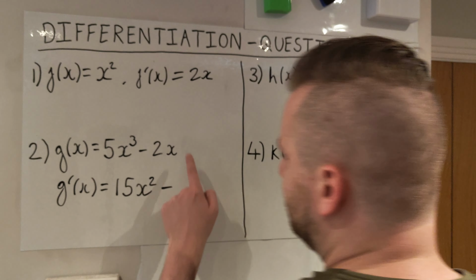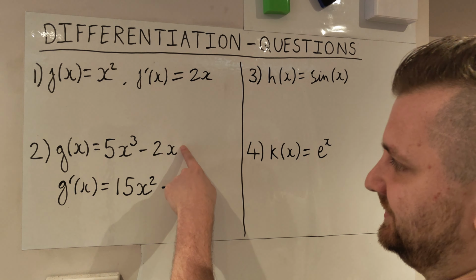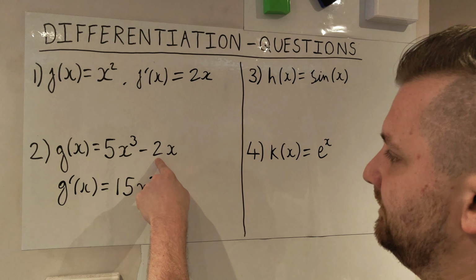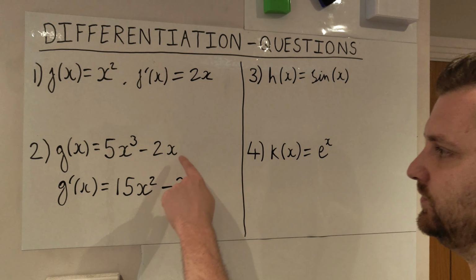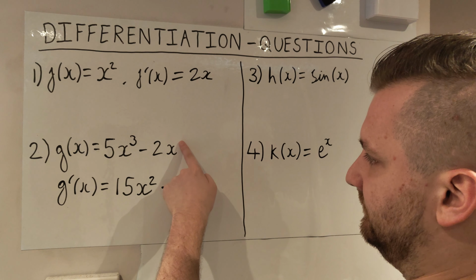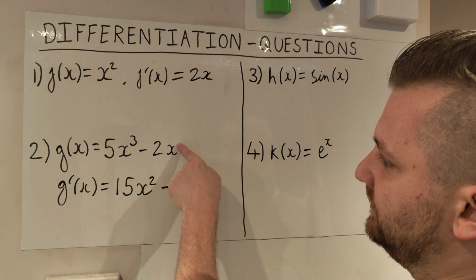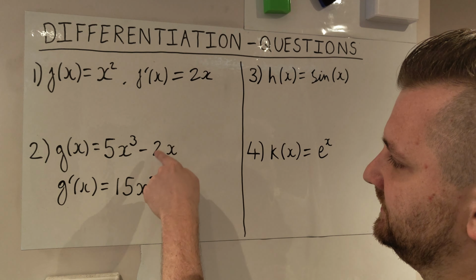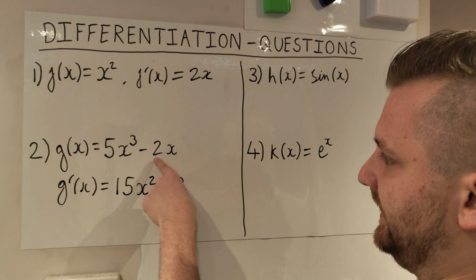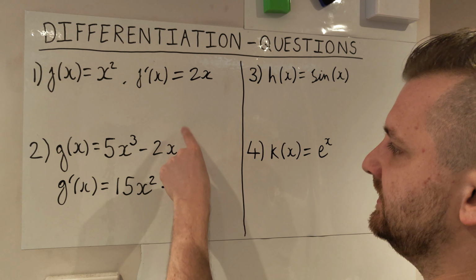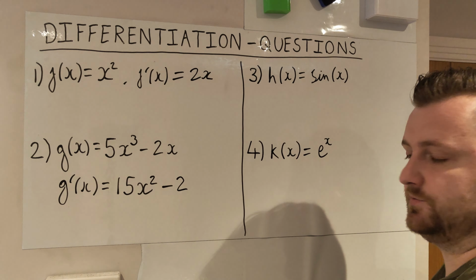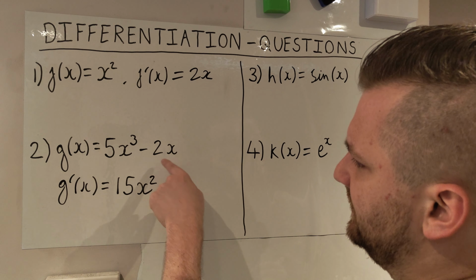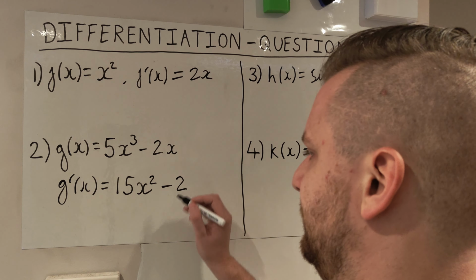So when you have an x next to a number, you can just get rid of the x, because what you're dealing with here is x to the power of 1. So you would effectively times the 1 to here, so it'd be minus 2x, and then take 1 off the power, so it'd be x to the power of 0. Anything to the power of 0 is 1. But, shorthand, you can just cross that out or bring it down here.